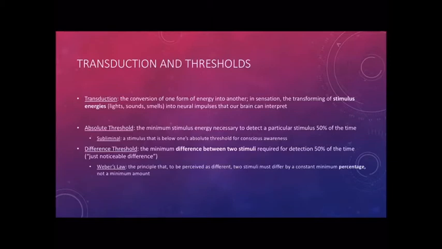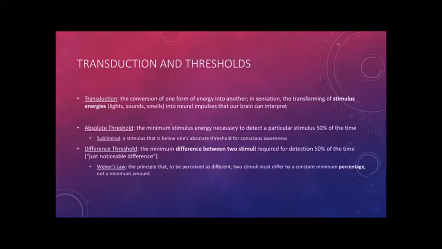So even though 5 pounds was enough for you to notice a change when you were holding 10 pounds, it's not enough when you're holding 100 pounds, because the two stimuli don't have to differ by some arbitrary amount like 5 pounds, but rather by some minimum percentage. When I was holding 10 pounds and had 5 pounds added, that's a 50% increase to my weight.